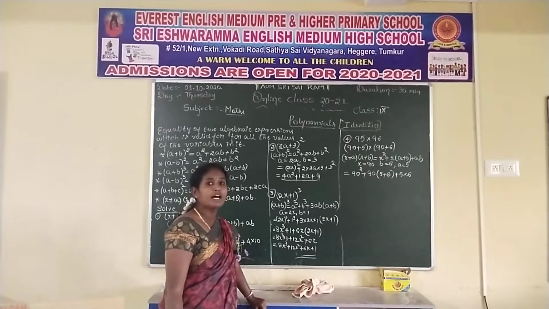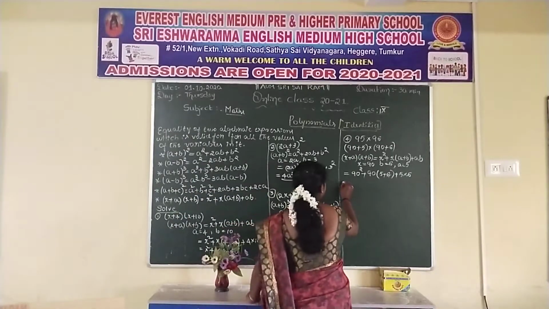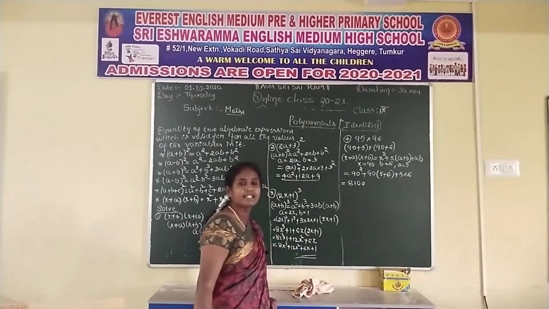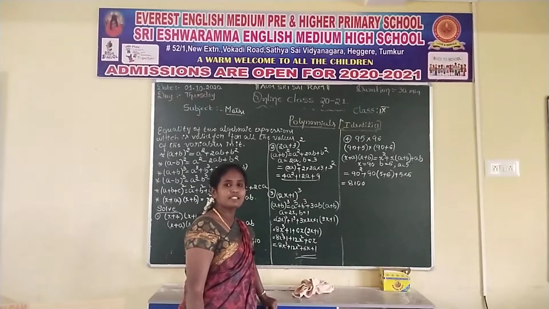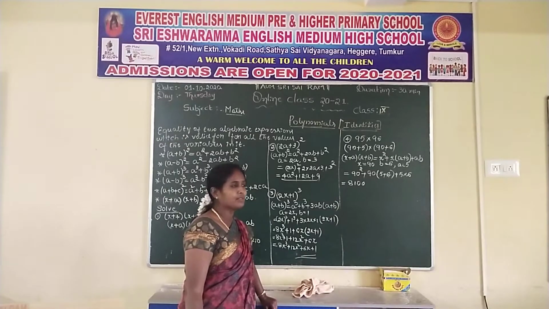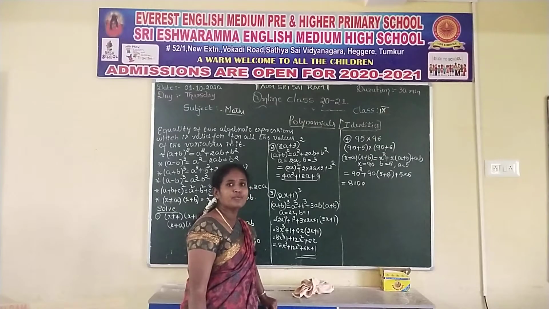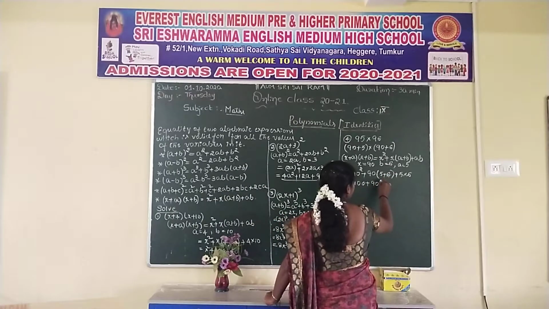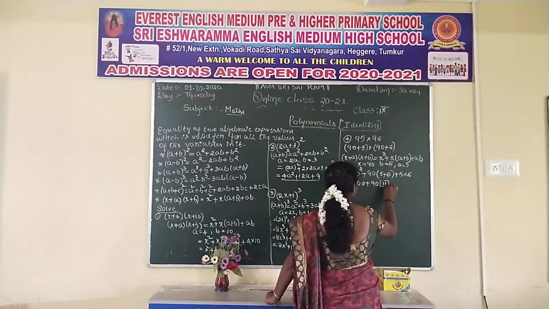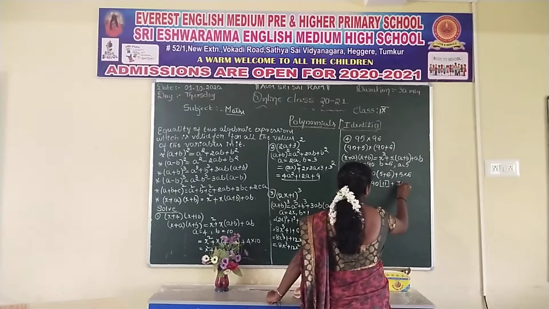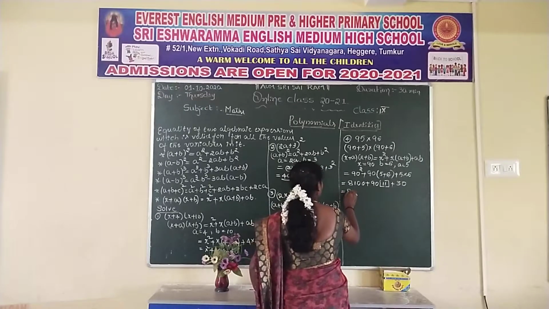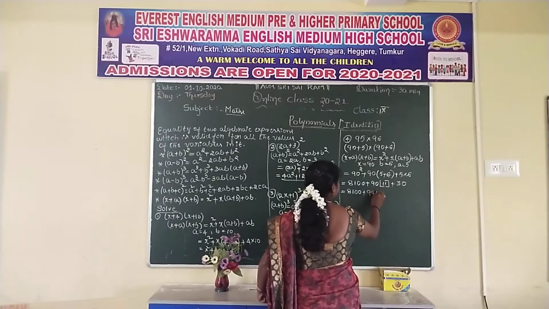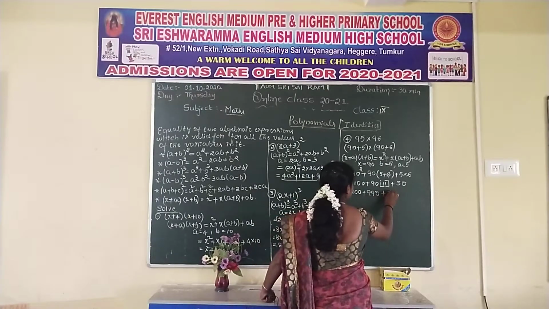We are applying an identity. 90 square is 8100. 90 square means 90 is multiplied 2 times. 8100 plus 90 into 11, plus 30. 11 9s are 99, remaining 0, plus 30.